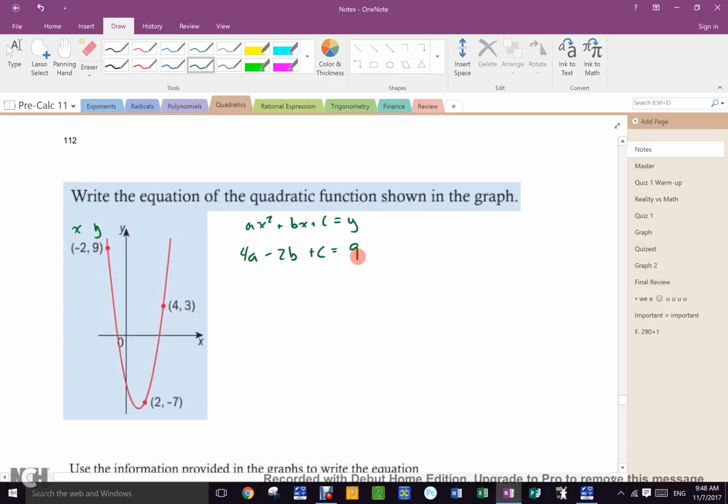So, what can I do now? How? I got no x's and y's anymore, do I? So can I use 4 and 3?